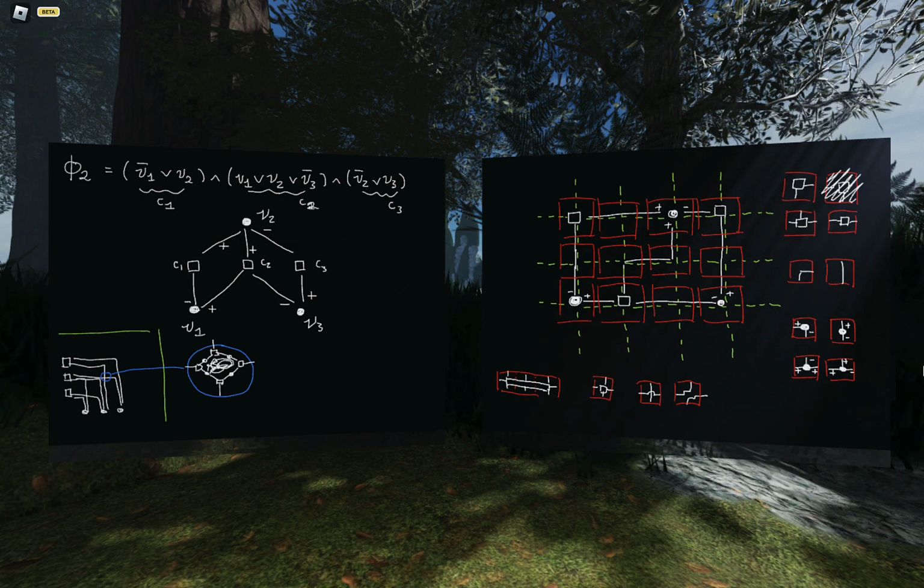Or I could observe that you can do that transformation as a pre-processing step on the satisfiability instance.